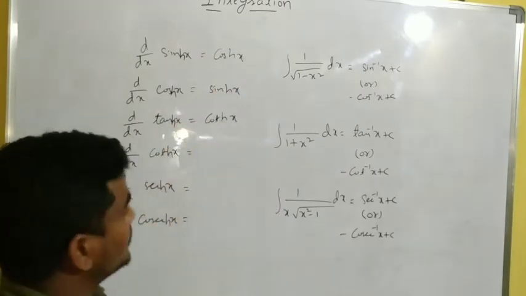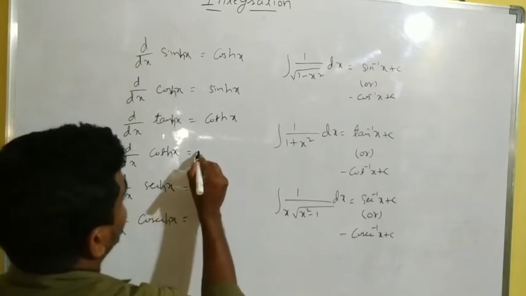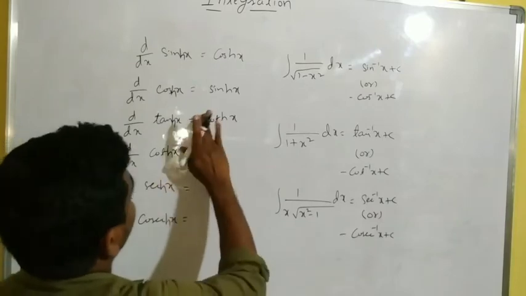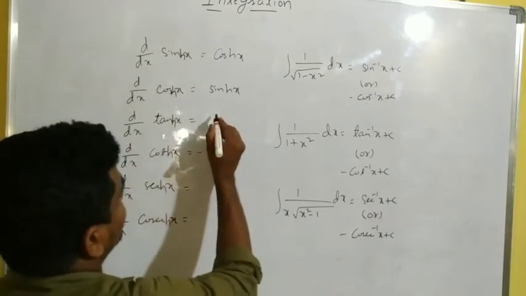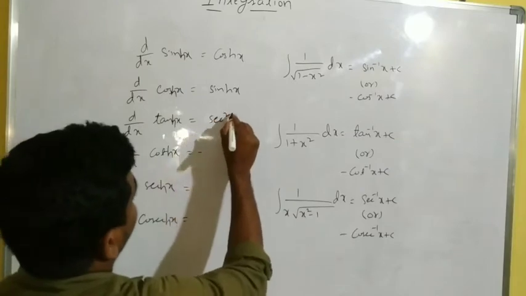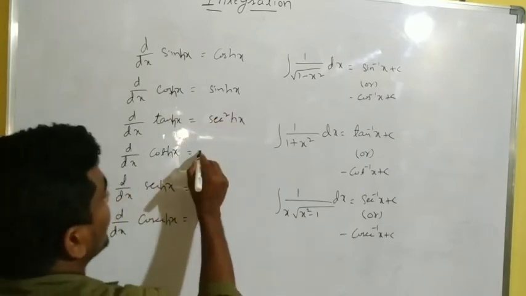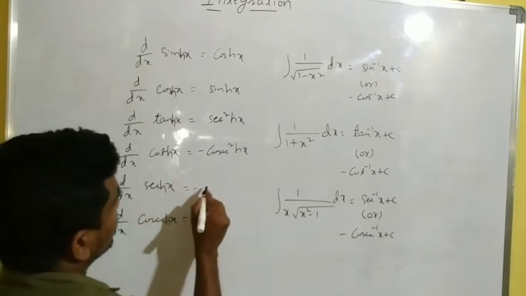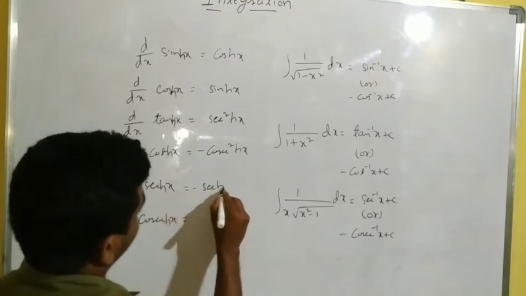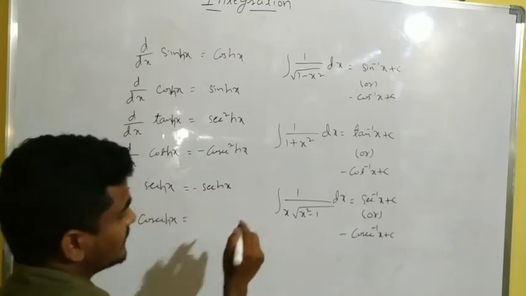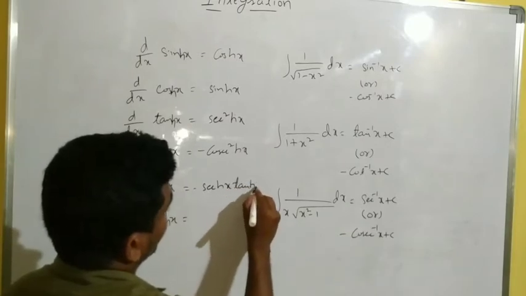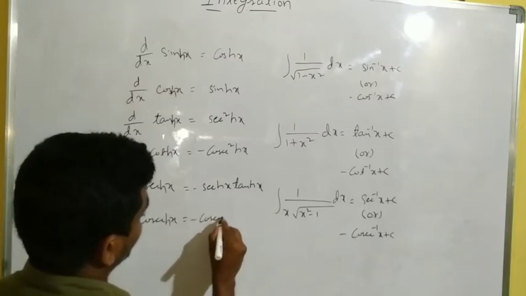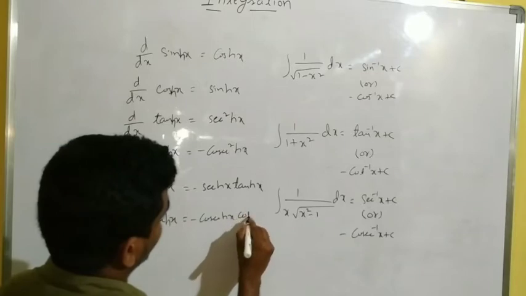First three will be positive and next three will be negative. d by dx of tan hx is equal to secant square hx, and this becomes minus cosec square hx, and this becomes minus secant hx and tan hx, and for this one minus cosecant hx and cot hx.